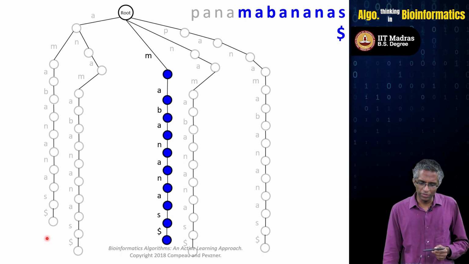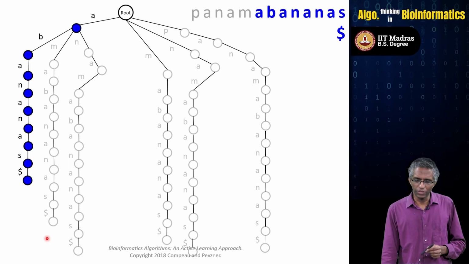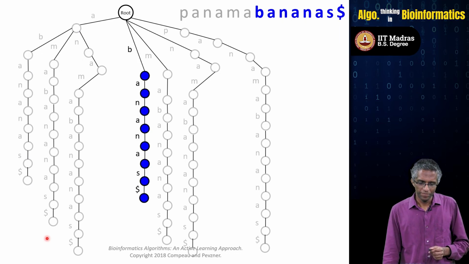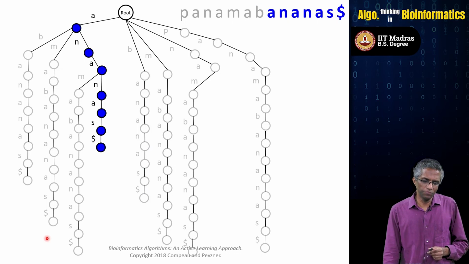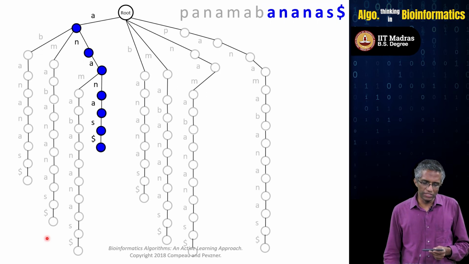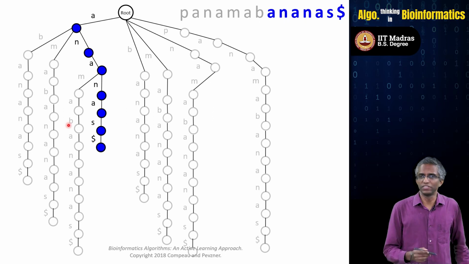Then the next suffix is Ma bananas. Then you have A bananas, right? So the A is again shared here. Then you have bananas, right? Then you have ananas. Here you can see that when you go from bananas to ananas, A and A are shared with an earlier suffix.